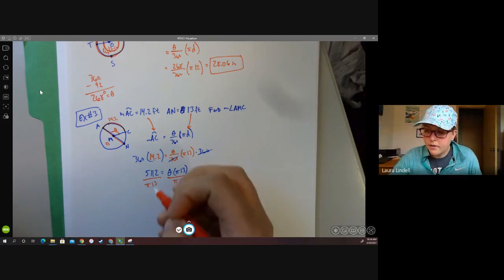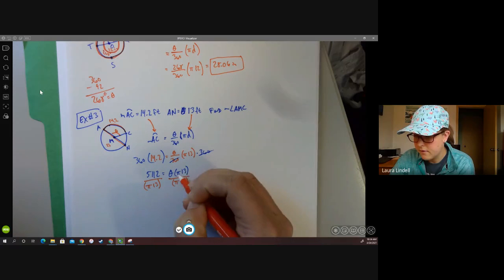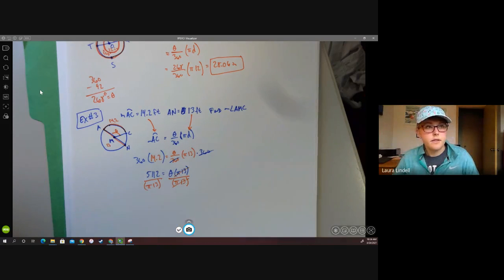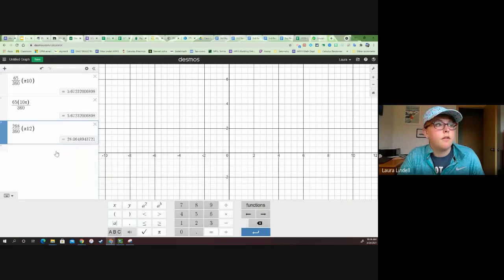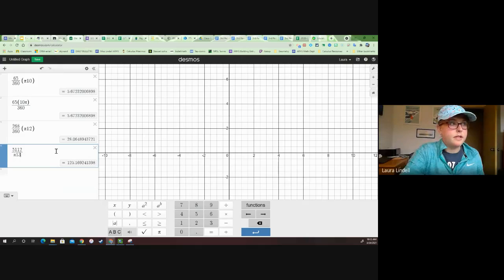Now, if you're using a regular calculator, you want to make sure that you keep these in parentheses. If you're using Desmos, it doesn't matter as much because you'll be able to see the grouping more clearly. So in our calculator, this is what we're putting: 5,112 divided by pi times 13.